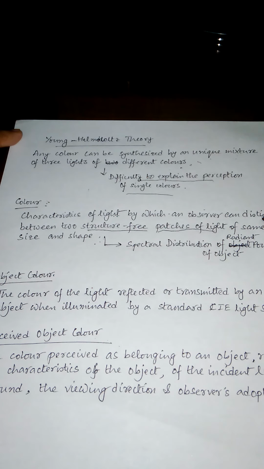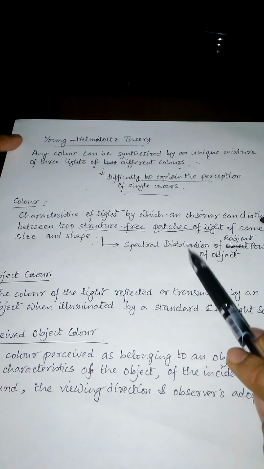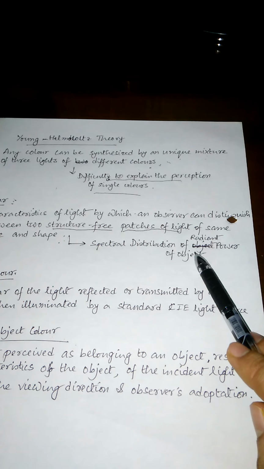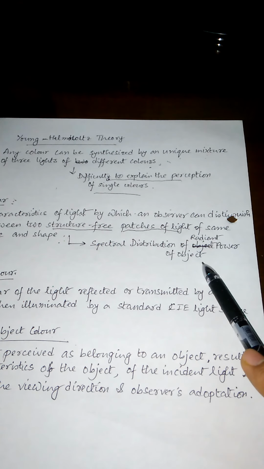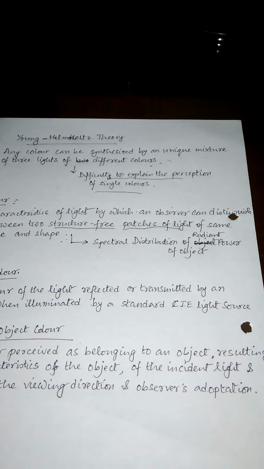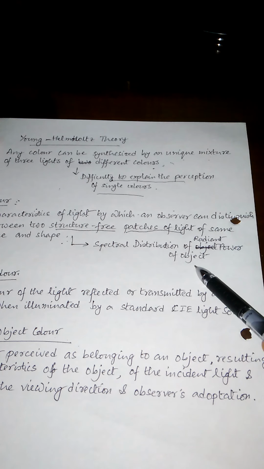So what is that characteristic? That is the color. If we consider these definitions, the outcome is that color is the spectral distribution of the radiant power of an object.